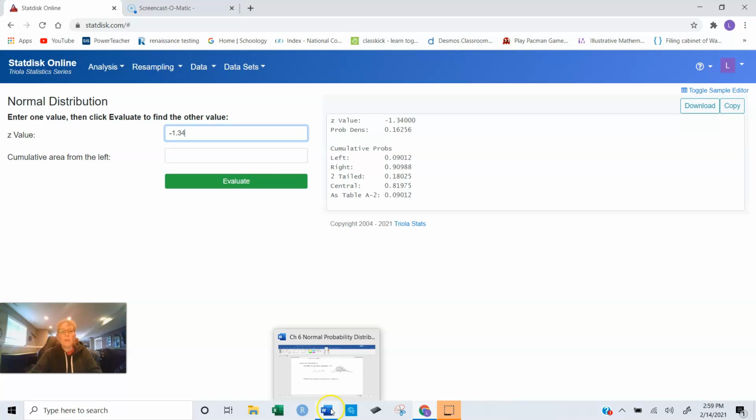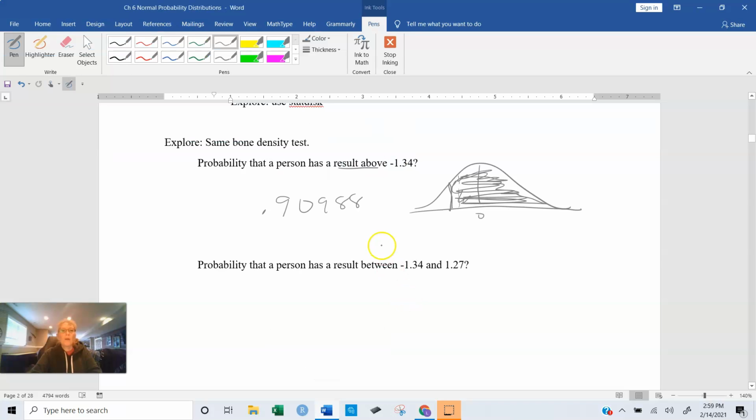All right, now if you were on your table and you're looking through there, you'll notice that they don't give you the right, they only give you the left. So you would have to find the value of negative 1.34 and subtract that from 1. So you would go 1 minus, and then let's see if I can find it here, negative 1.34, 0.0901.